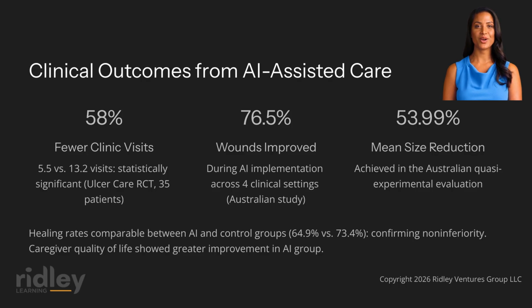In a quasi-experimental study conducted across 4 clinical settings in an Australian health service, implementation of an AI wound assessment application resulted in 76.5% of wounds, 101 of 132, improving during the intervention period, with a mean wound size reduction of 53.99%.